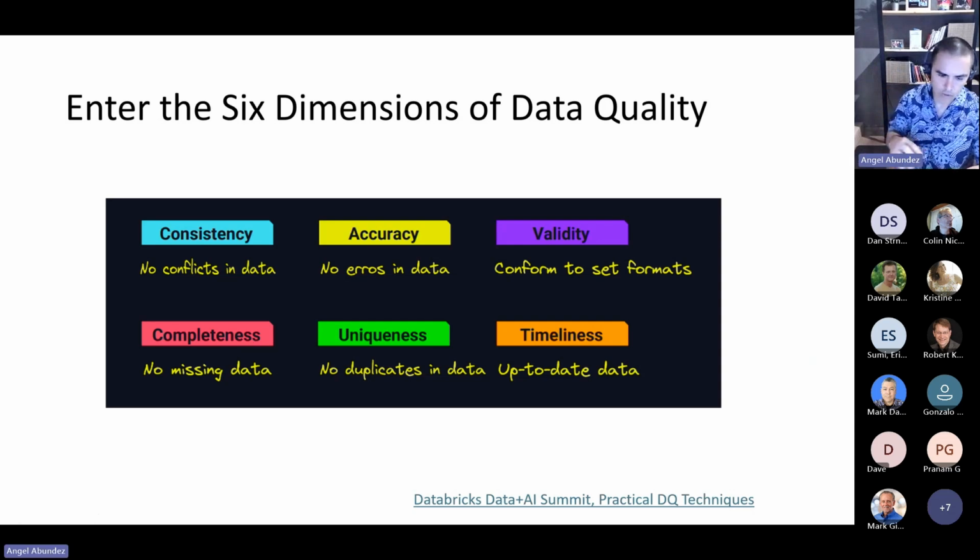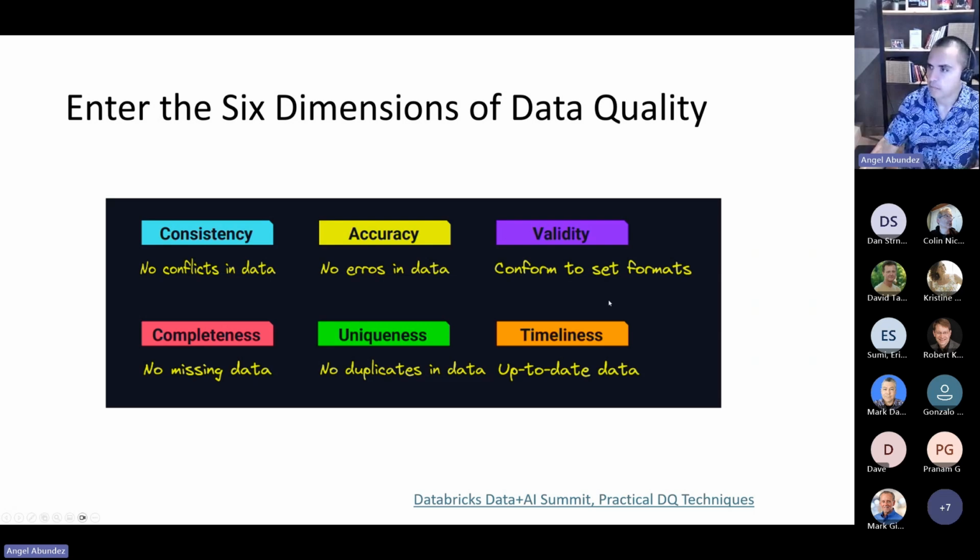We have a situation very similar to that in our project now, and we have to know if the new data that's coming in is complete. So that's a use case for this SQL alert that I'm about to talk about in a minute, where we check that, and if the data is not complete, we get an email about it with what it is about the data that's incomplete.